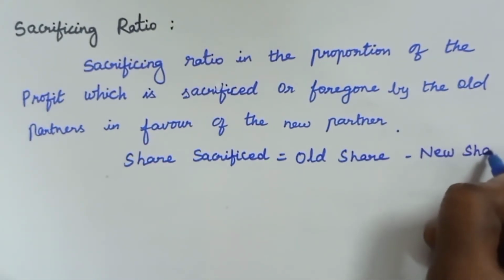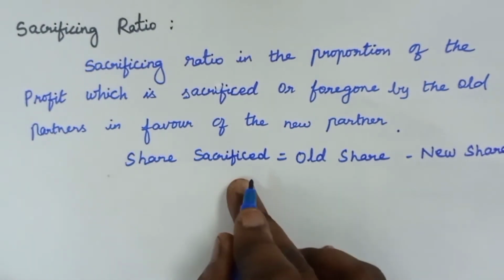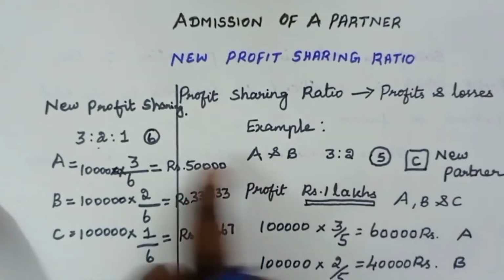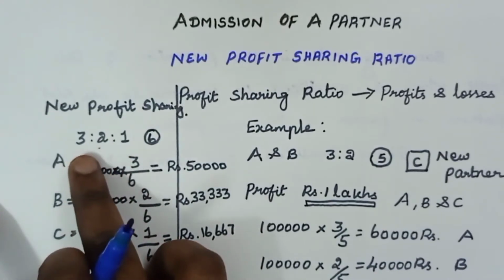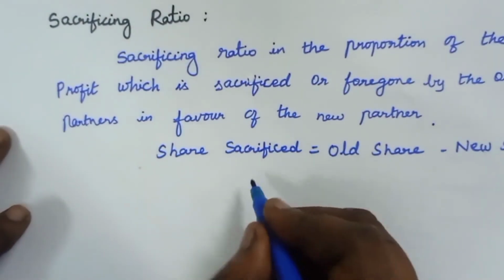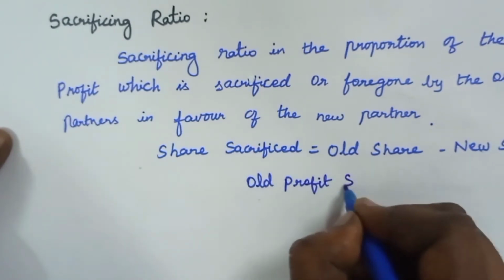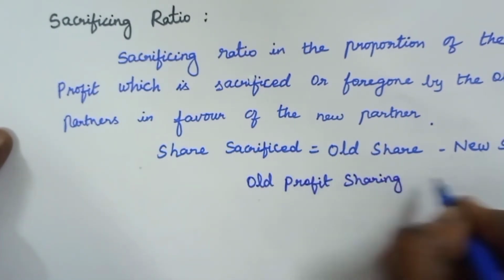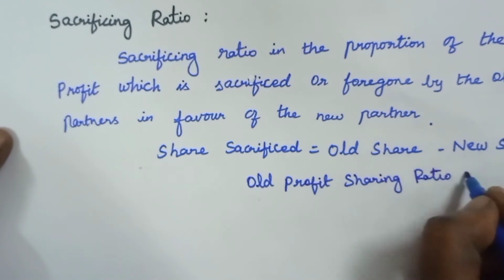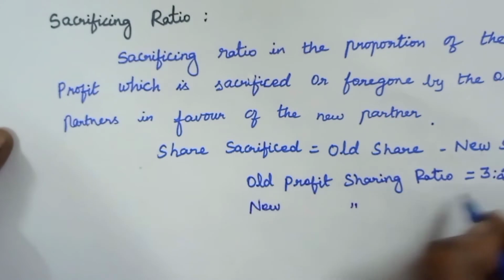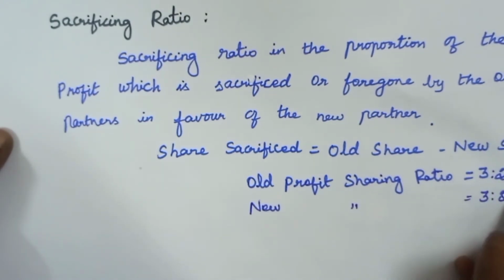Now I am going to calculate the sacrificing ratio. In this example, the old profit sharing ratio is 3:2 and new profit sharing ratio is 3:2:1.